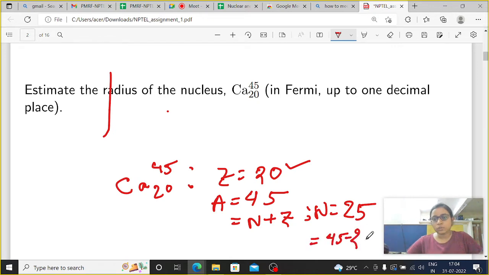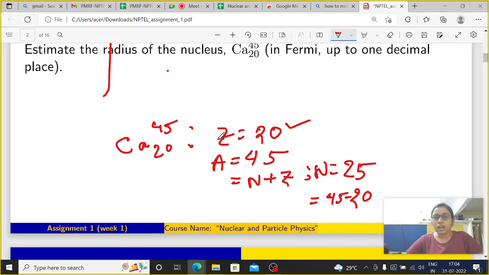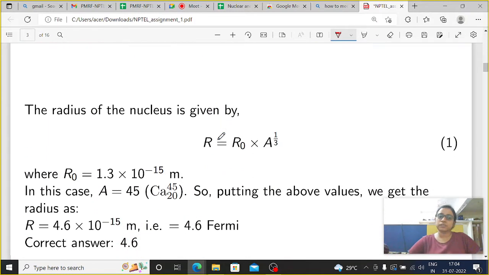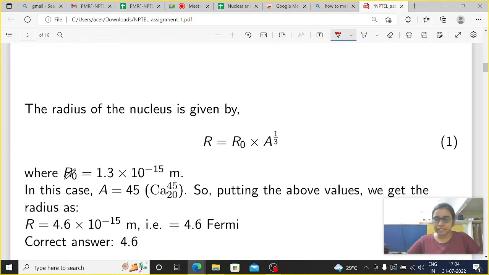So the question is, what will be the radius of the nucleus calcium 20, 45? The radius of the nucleus is given by the expression r equals r0 A to the power 1 by 3. This expression number 1 is the exact expression for calculating the radius of any nucleus. What is r0?